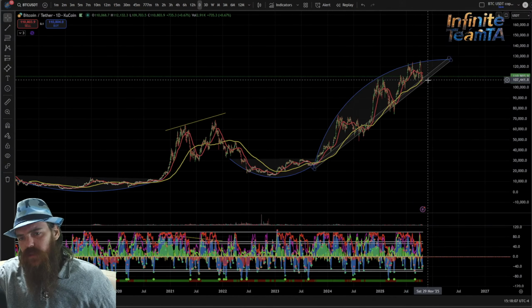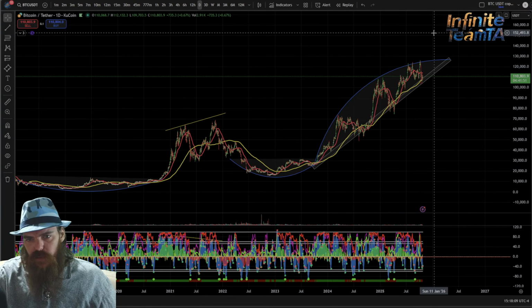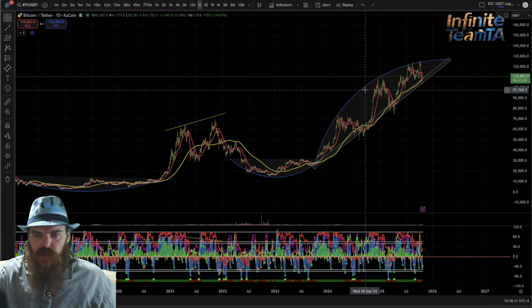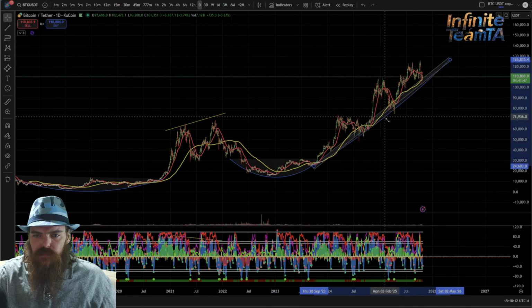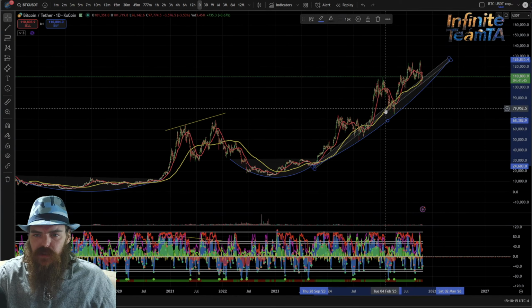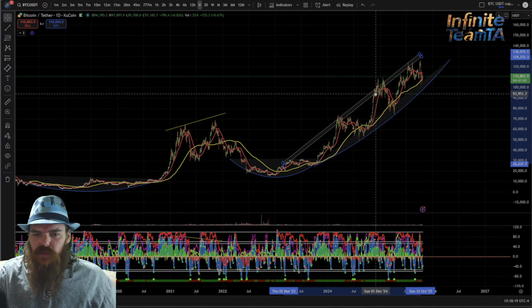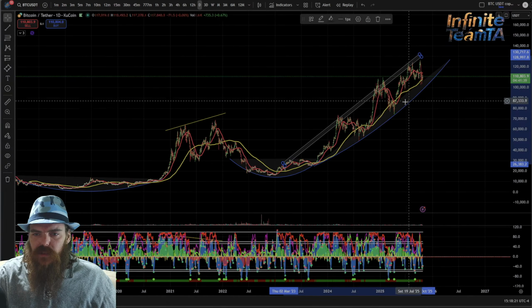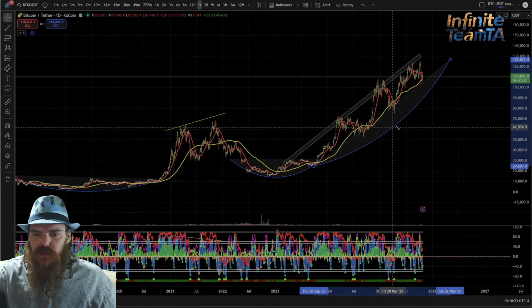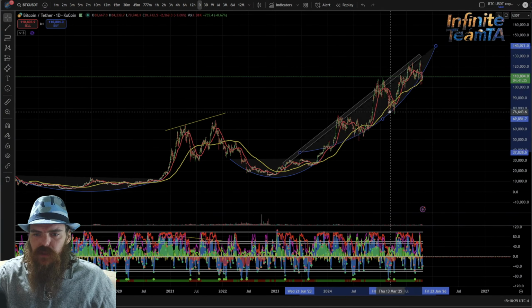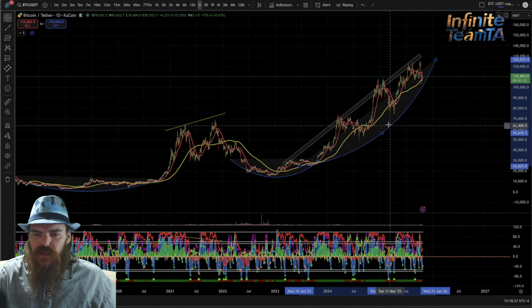Again, nothing says this breaks down. It could very well break up. You could very well draw something quite similar in the other direction, though it's not as... I mean, it's more clear in the other direction, but you can also do this. You can run this on both sides, and that's how you get that shape.